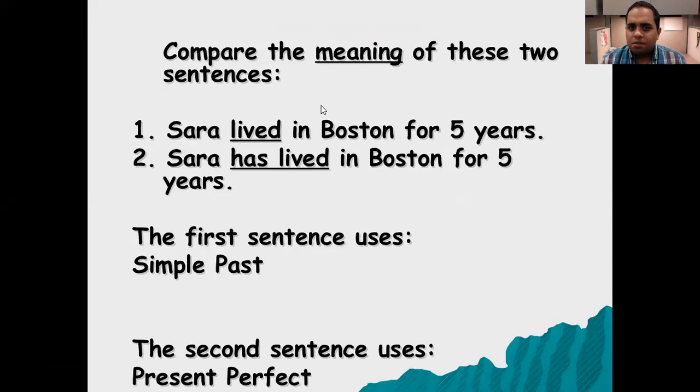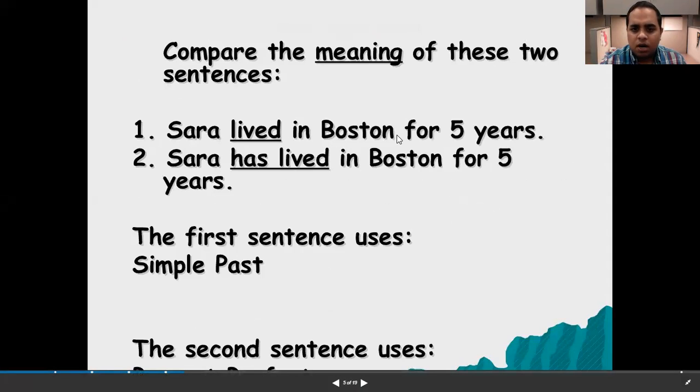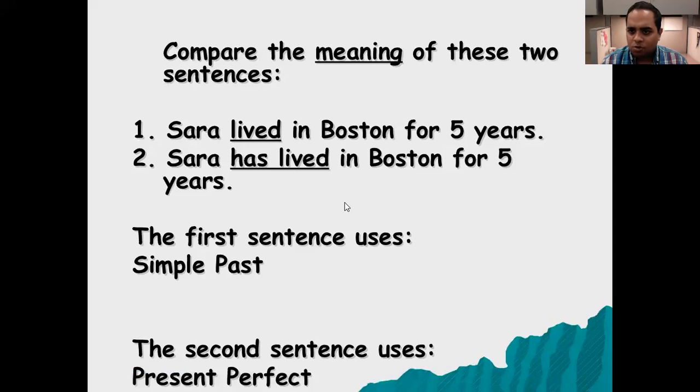So let's compare the meaning of these two sentences. Sentence number one: Sarah lived in Boston for 5 years. Sentence number two: Sarah has lived in Boston for 5 years. So sentence number one, is it simple past or present perfect?